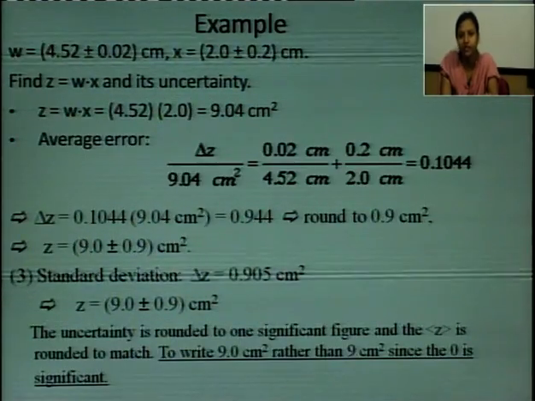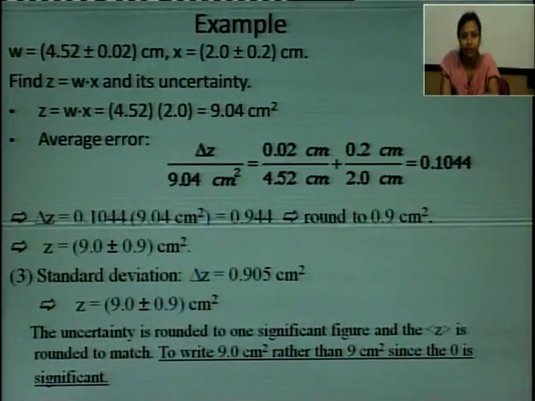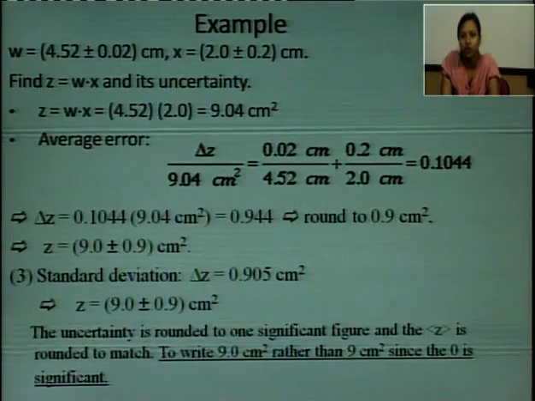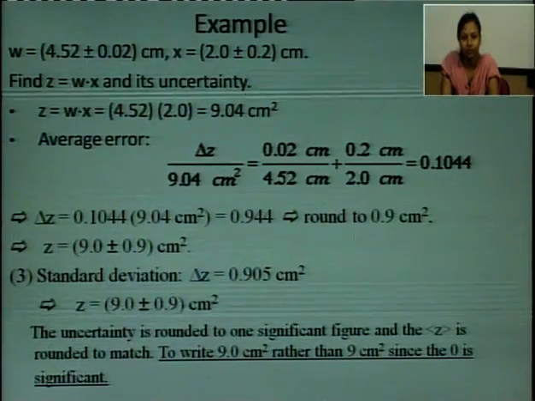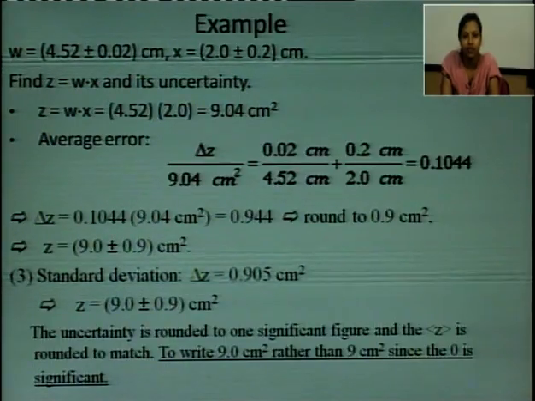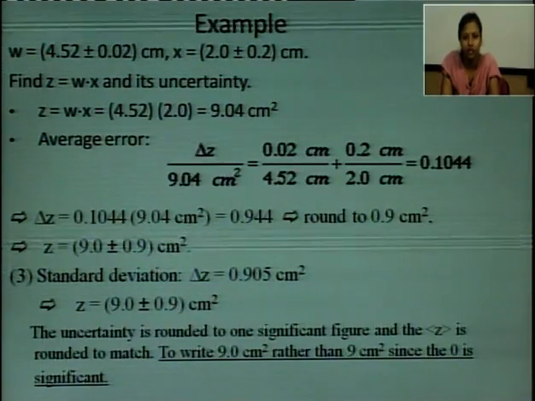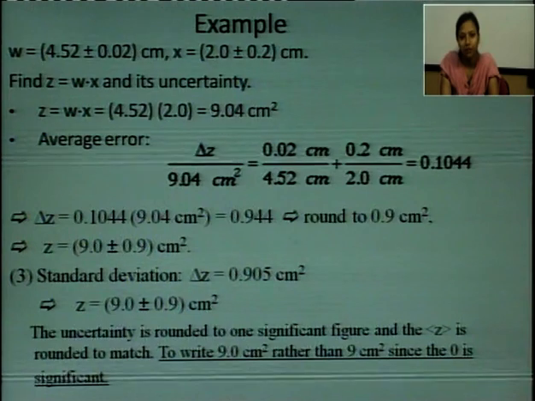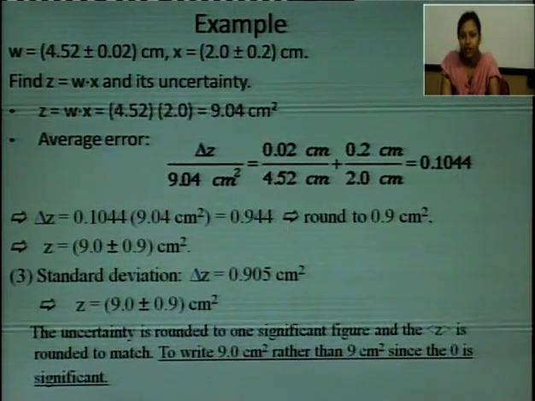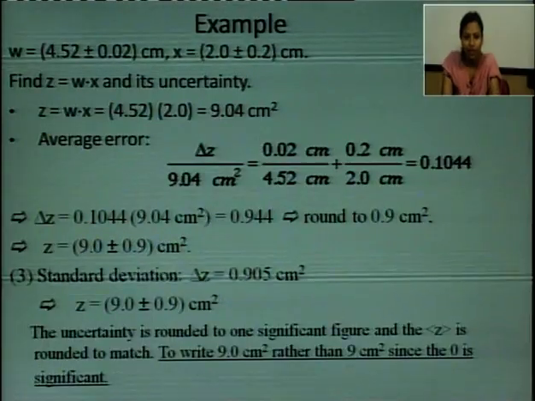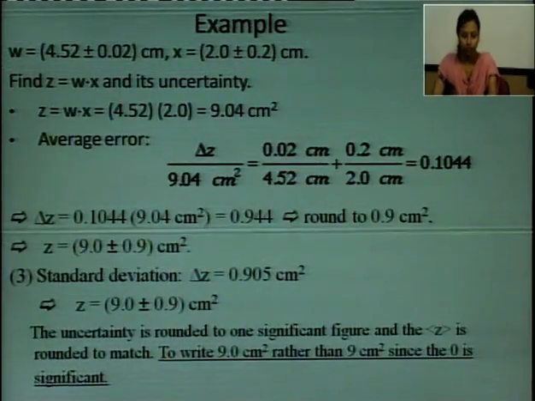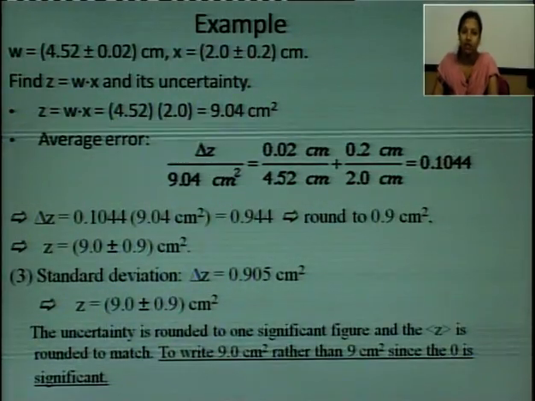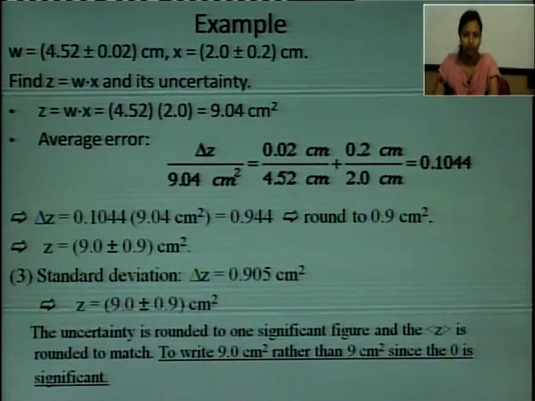So delta Z upon Z is equal to delta W upon W plus delta X upon X, and it is equal to 0.1044. So delta Z is equal to Z into 0.1044, it is equal to 0.9. So with the average error, it is equal to 9 plus minus 0.9, but with the standard deviation it is also approximately equal to 0.9. So Z physical quantity is equal to 9 with an uncertainty of 0.9 here.